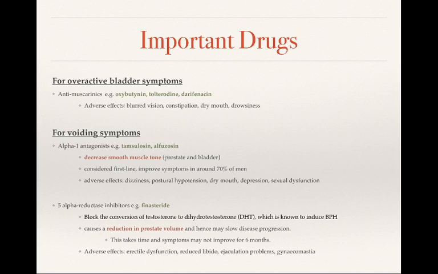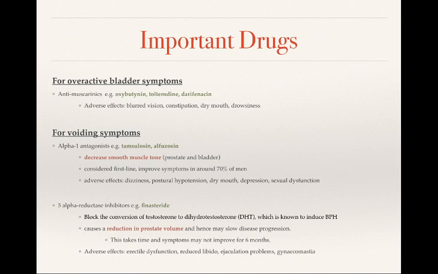For voiding symptoms, such as for patients with BPH, you first give them an alpha-1 antagonist. This is because it decreases smooth muscle tone. However, the adverse effects of alpha-1 antagonists are dizziness, postural hypotension, dry mouth, depression, and sexual dysfunction.